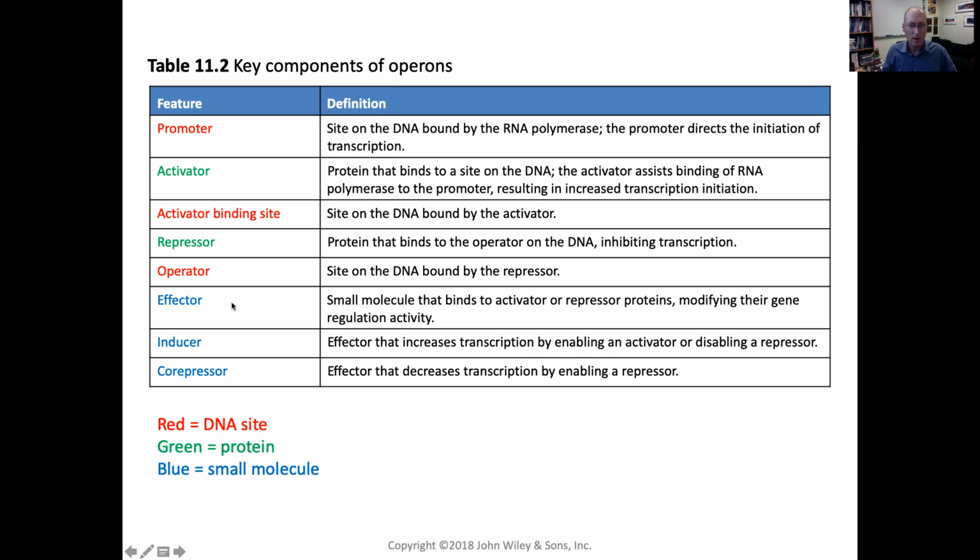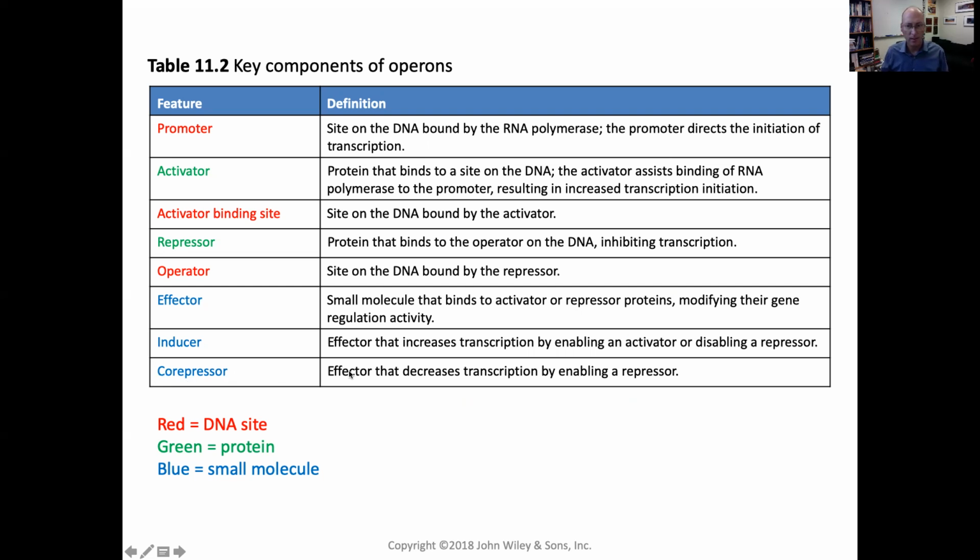The effector molecules in general are small molecules that control the activity of activators and repressors. In this case, an inducer could be something that either turns on an activator or relieves the repressor.